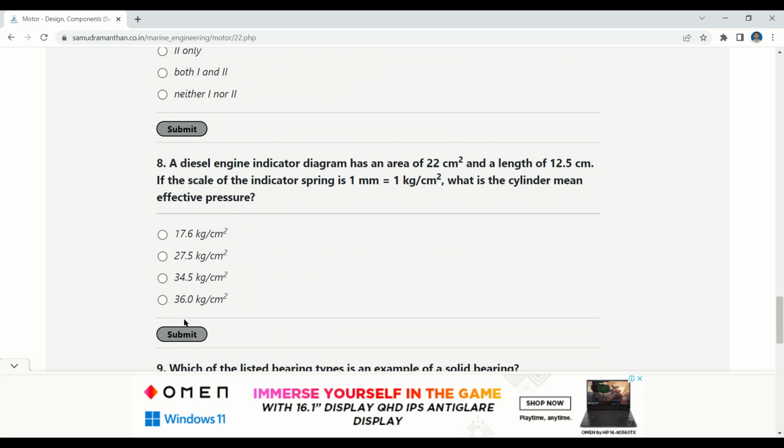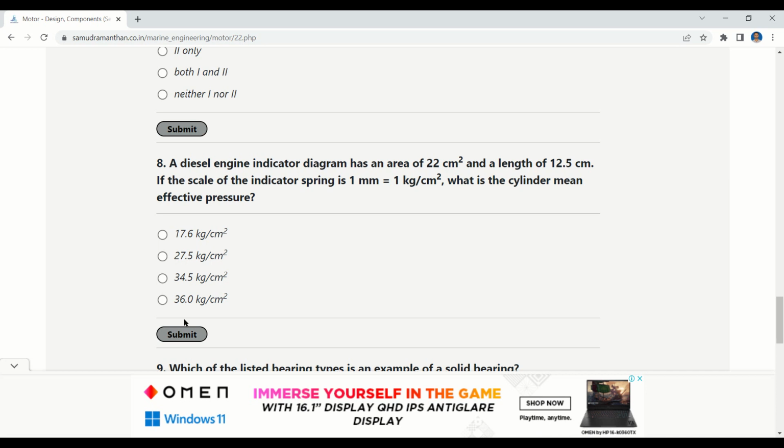Our next question is, a diesel engine indicator diagram has an area of 22 centimeter square and a length of 12.5 centimeter. If the scale of the indicator spring is 1 mm equals 1 kg per centimeter square, what is the cylinder mean effective pressure? So to calculate it, we will divide the area by the length and then multiply it by the spring constant.